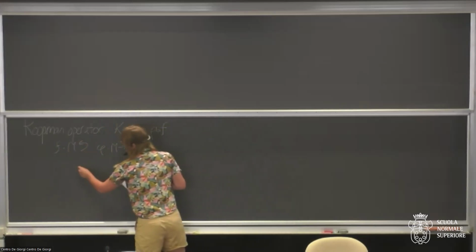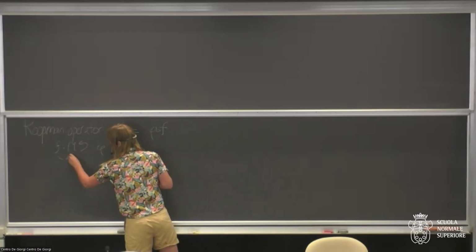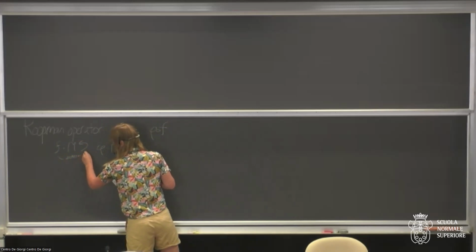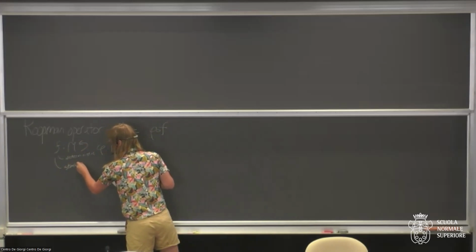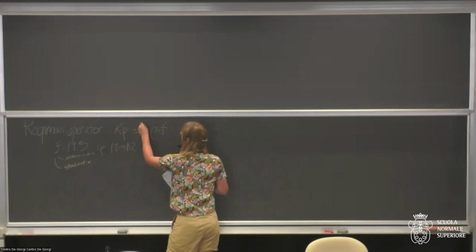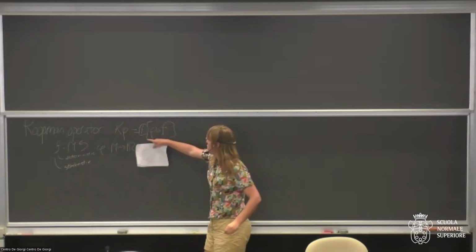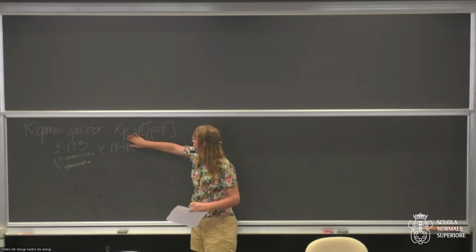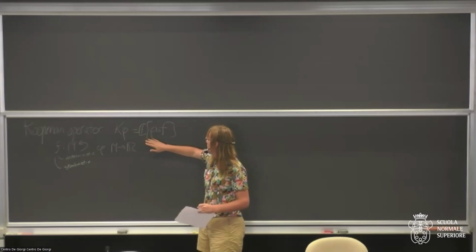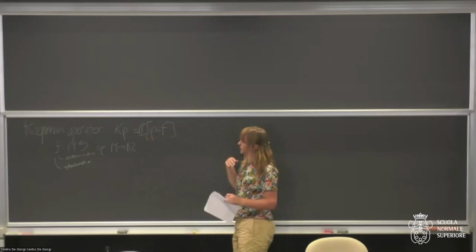Perhaps this could be stochastic, and if it's stochastic, then I need to put an expectation here. What this is telling us is that the Koopman operator gives the expected value of phi one step into the future.